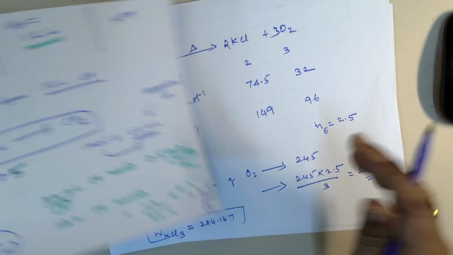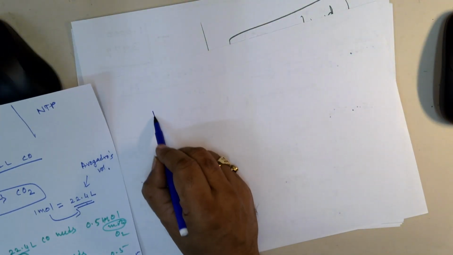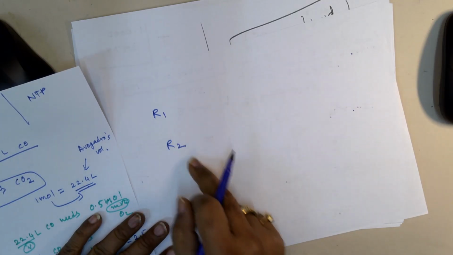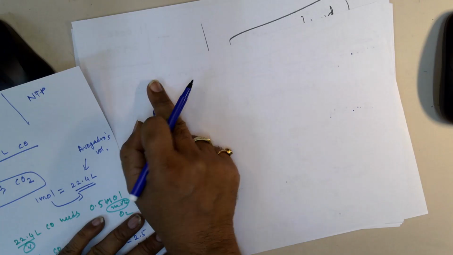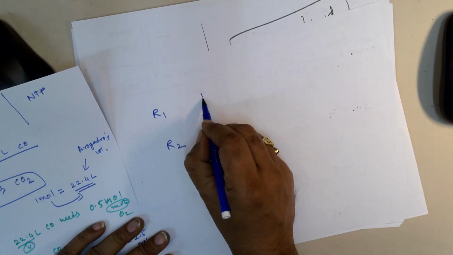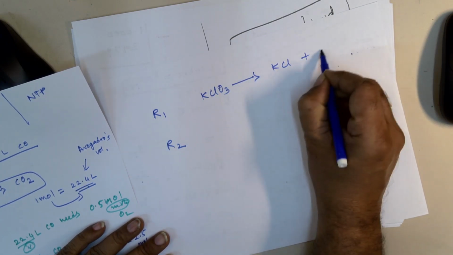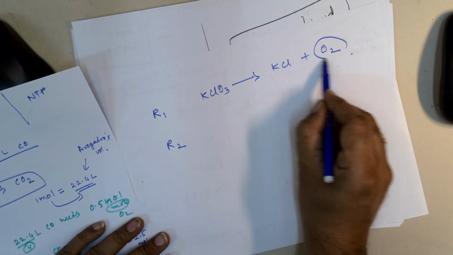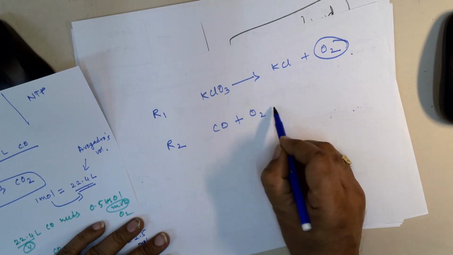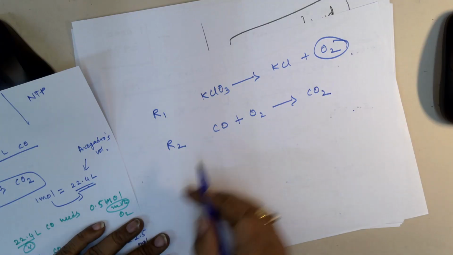Do you understand? So they have given actually two reactions. What are those two reactions? Reaction number one, reaction number two. Actually, we have done reaction number two primarily, and we have taken reaction number one secondarily. But it should have been KClO3 from which you get KCl plus O2. So this oxygen is used to react with carbon monoxide to form CO2.